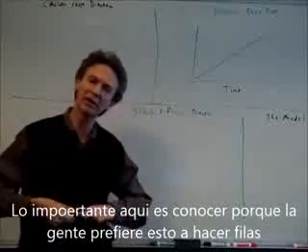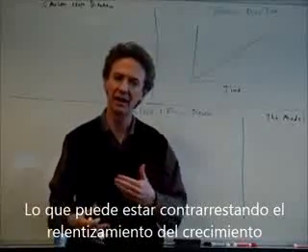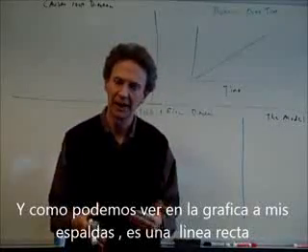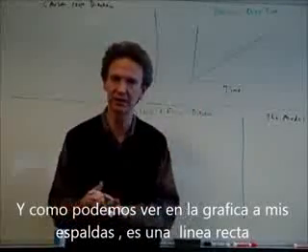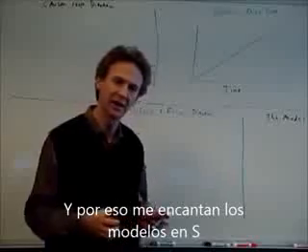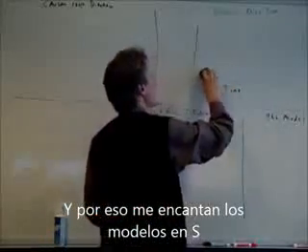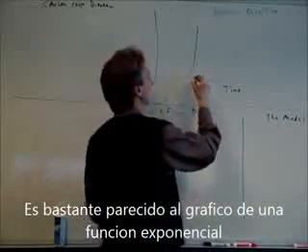But what's important to know is what kind of drives that growth and what might be counteracting to slow the growth down. And the reality is most growth does not look like a straight line that just goes up. It actually looks like an S. That's why the title of this is S-shaped growth. And what I mean by that is it looks like this.